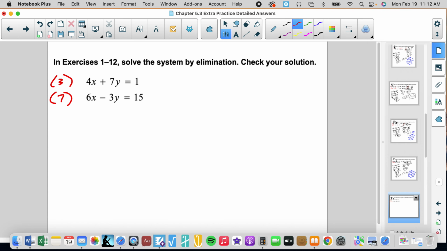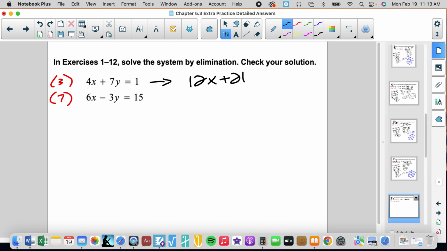Do I want to deal with negatives or not? I don't want to deal with negatives. If my y values have opposite signs, then I'm going to eliminate the y's. The x's, because they both are positive, one of those manipulated numbers has to have a negative. And now I run the risk of not distributing correctly.